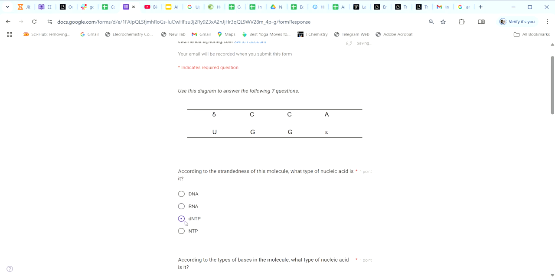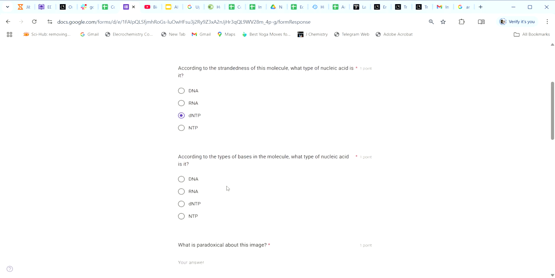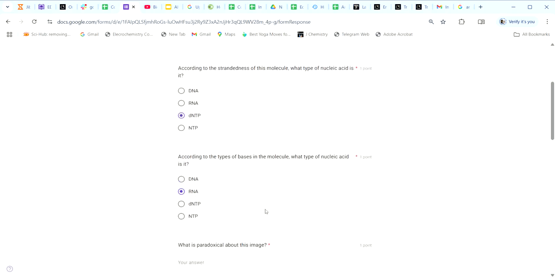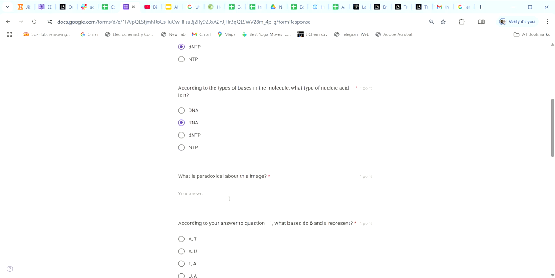Okay, I have no idea about it. According to the types of bases in the molecule, what type of nucleic acid? So, I think RNA. What is paradoxical about this image?